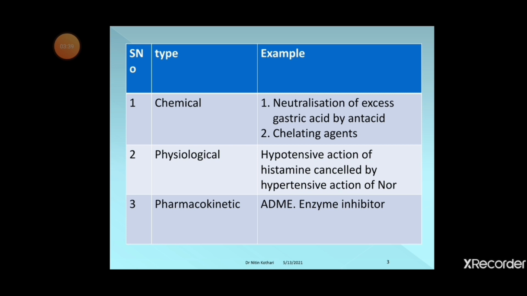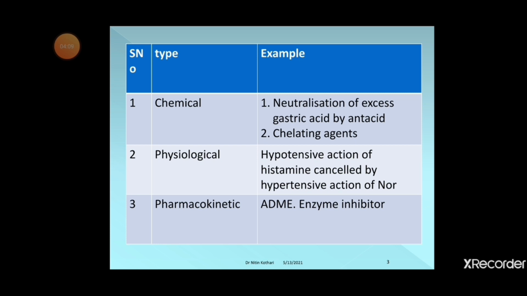Suppose a person is suffering from peptic ulcer, and in most such conditions there is excess of gastric acid, and for treatment of this excess gastric acid, antacids are given. So gastric acid, which contains hydrochloric acid, is neutralized by antacid. This is an example of chemical antagonism.